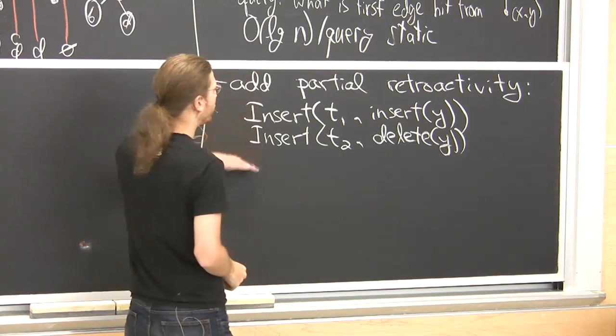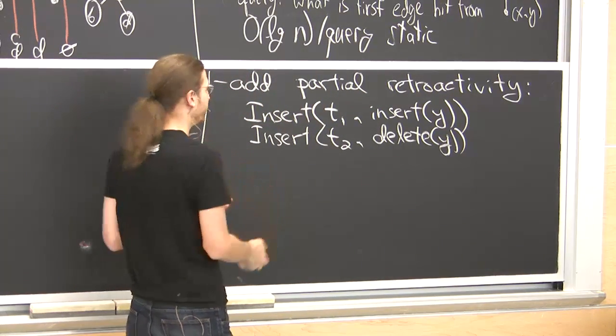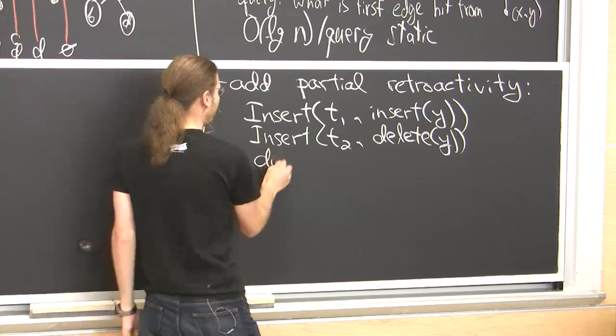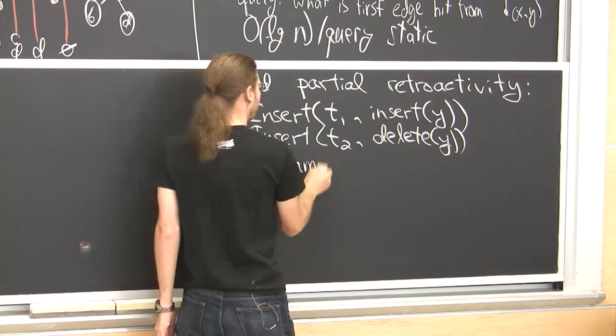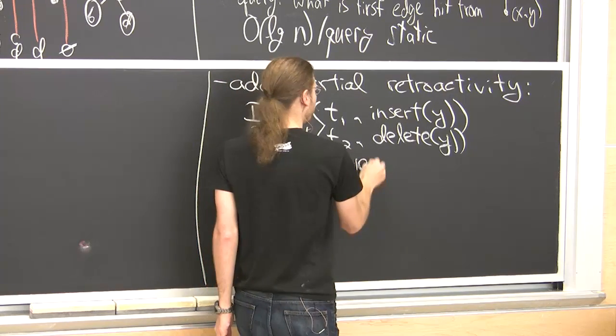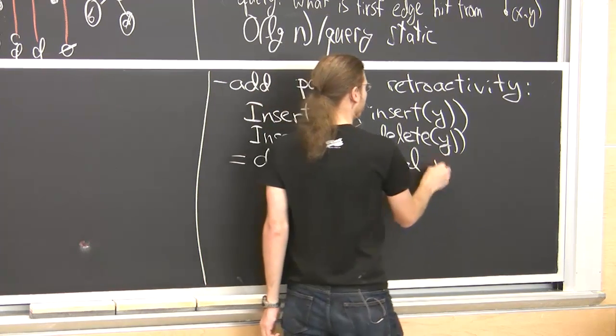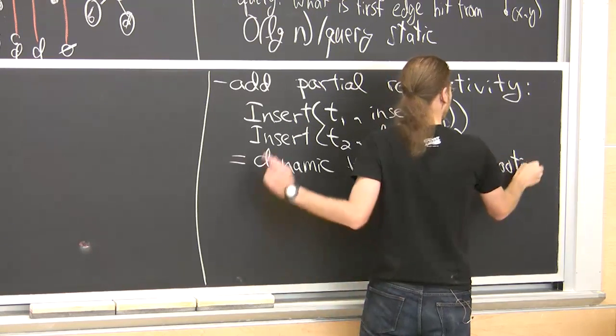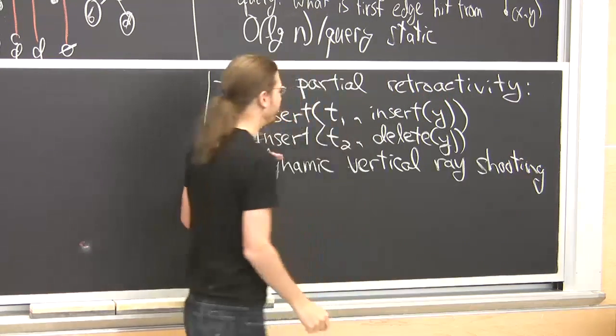So this is a partially retroactive successor problem. This is equal to dynamic vertical ray shooting. Or I guess this insertion corresponds to the insertion of a thing.